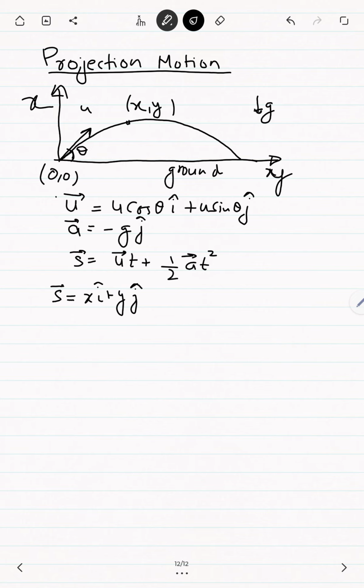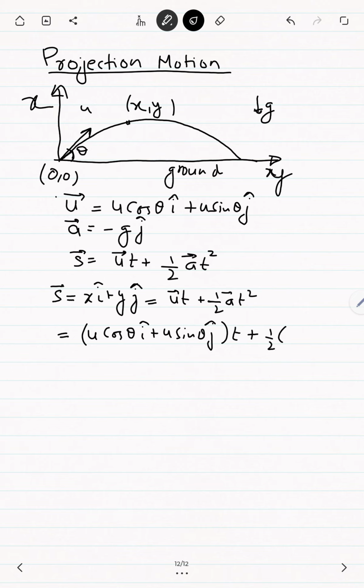Okay. So now this is equal to what? This is equal to ut plus 1 by 2 into a t square. Now here that means it is equal to u cos theta i cap plus u sin theta j cap into t plus 1 by 2 into minus g j cap into t square.